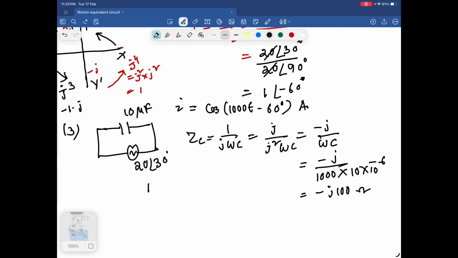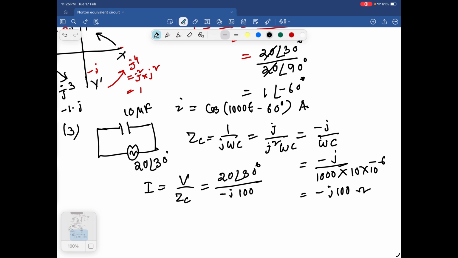So I is equal to V by ZC. So V is equal to 20 angle 30 degree divided by minus j 100. So what is it?